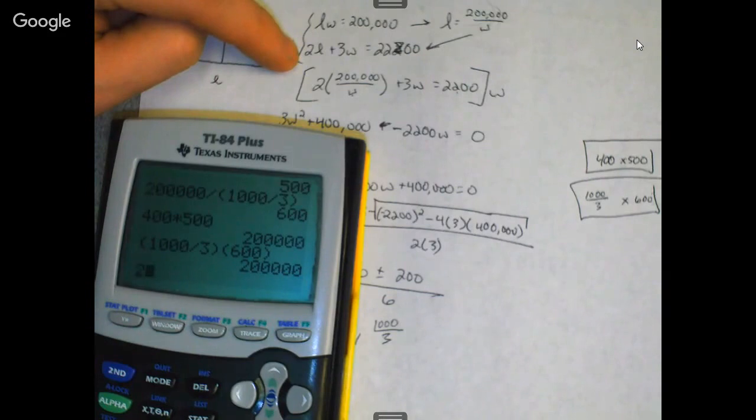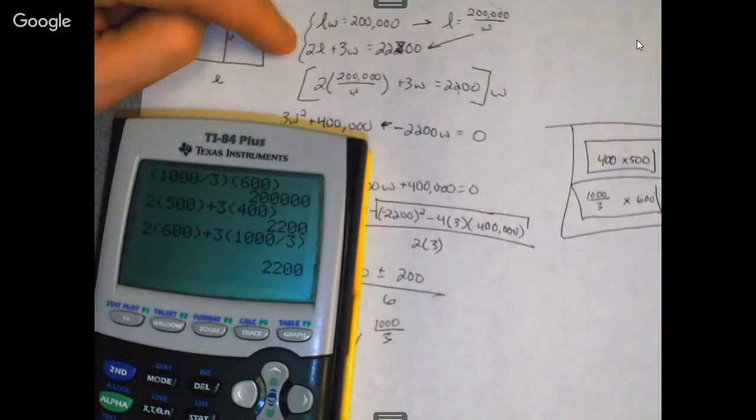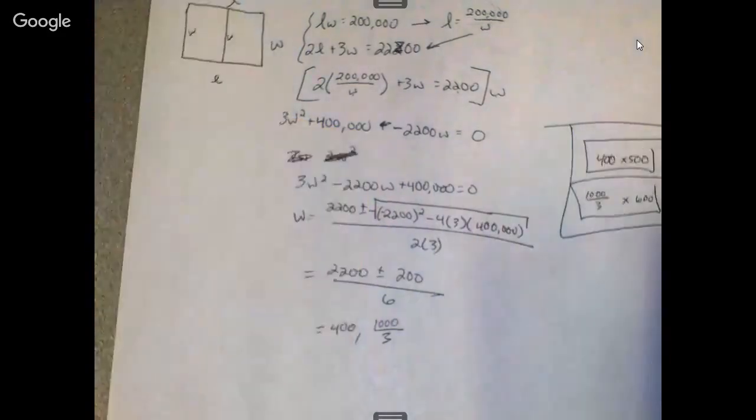And then 2 times 500 plus 3 times 400 is 2,200. And then you have 2 times 600 plus 3 times 1,000 thirds. And that works. So we do get two different solutions for that fencing.